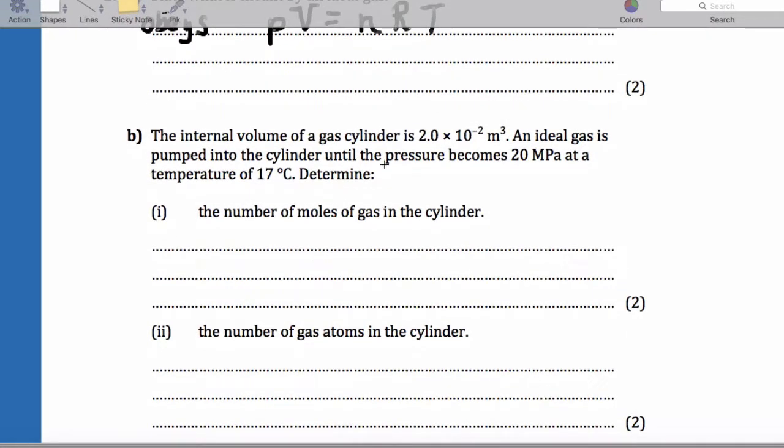So now here, check it out. We've got a volume, 20 megapascals. That's 20 times 10 to the 6th. And then let's be really clear here. We are told that we have something at 17 degrees. Let's convert that to Kelvin.